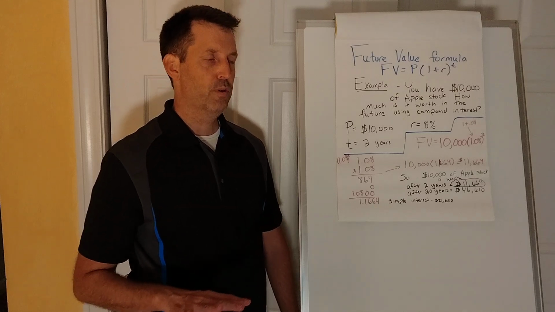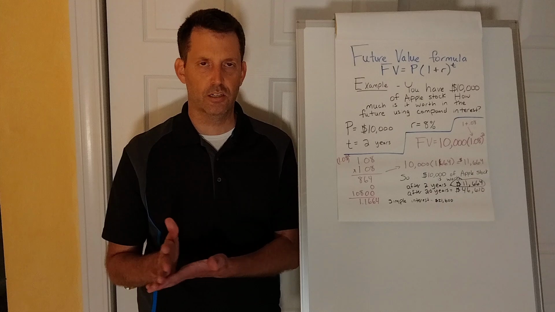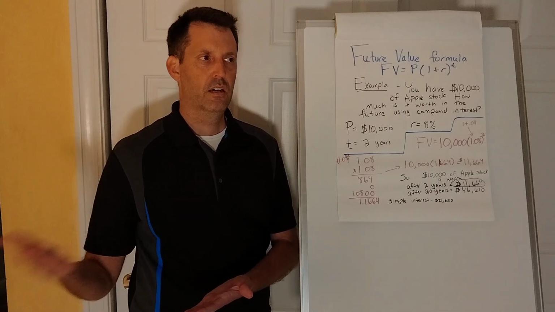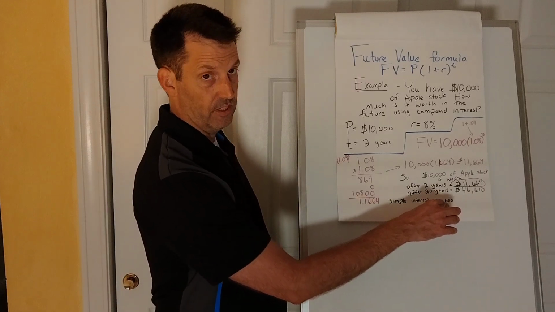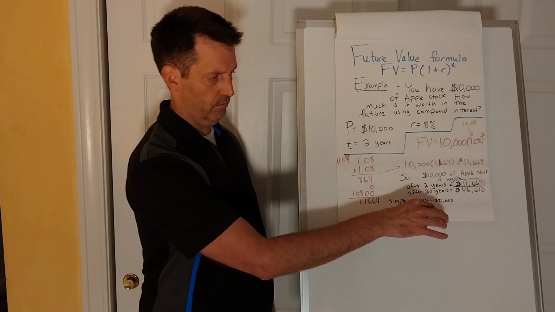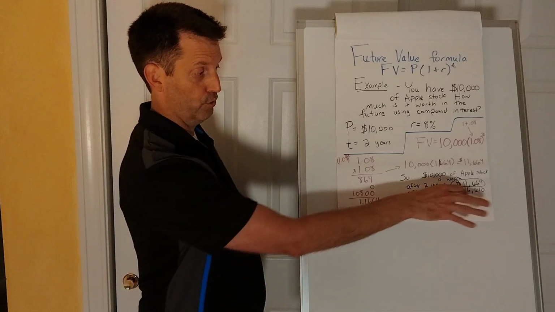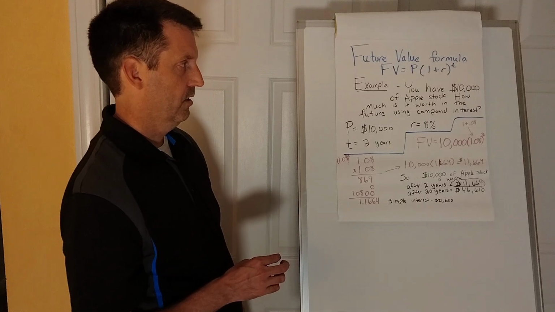So just to show you how this compares to simple interest, if you're making 8% a year, you're not factoring in the interest you're making on top of that. It'd only be $21,600 at the end of 20 years. That's kind of crazy. That's over twice as much with compound interest.